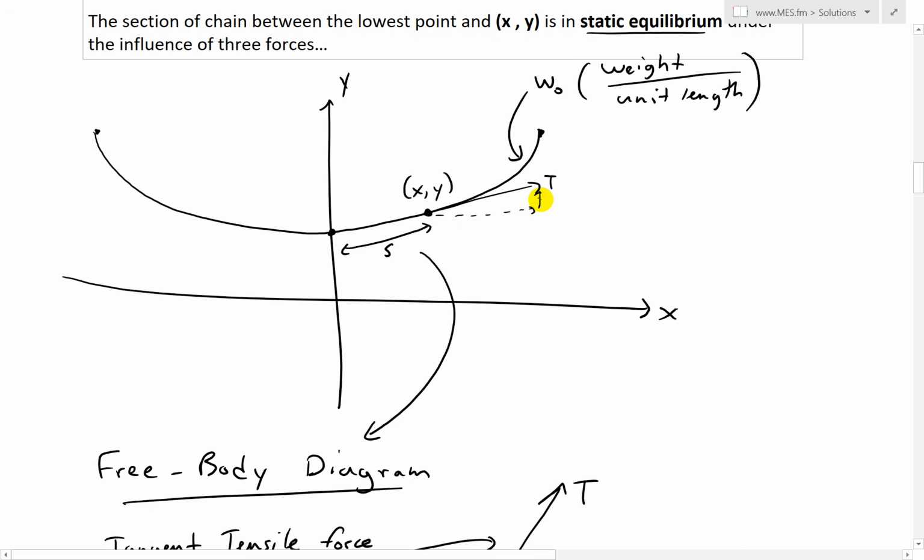There's a vertical component as well, and you could see this as dy over dx, the same as the slope there. I'm writing the slope because we'll use this later. So tan theta is opposite over adjacent, dy over dx, which is the slope. We'll use this later on as well.